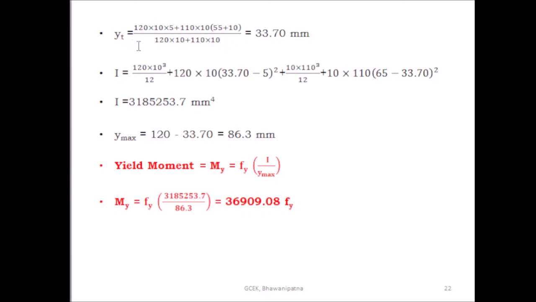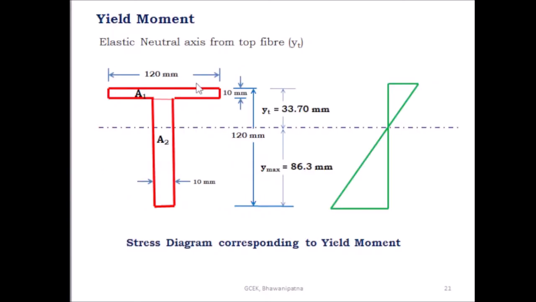So yt is equal to this area into the centroidal distance of this area from the top fiber, plus the other area and its centroidal distance from the top fiber. This is a1 y1 plus a2 y2 divided by a1 plus a2, which is equal to yt.